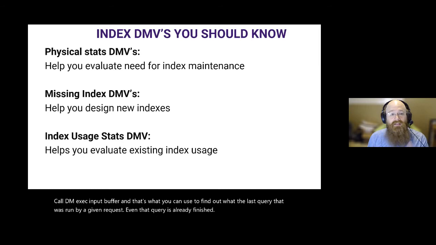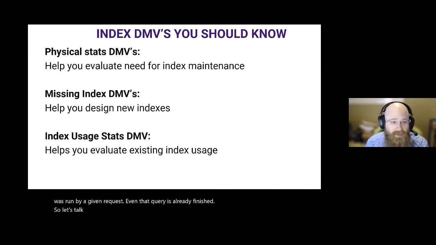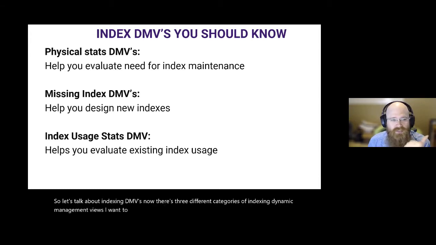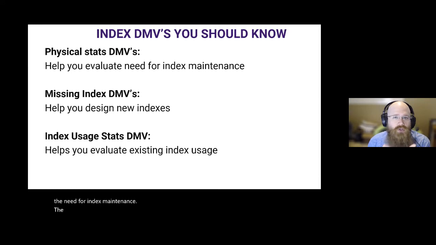So let's talk about indexing DMVs now. There are 3 different categories of indexing dynamic management views I want to talk about. The first, physical stats DMVs. This helps you evaluate the need for index maintenance. The second is to help you design new indexes, and that's the missing index DMVs.